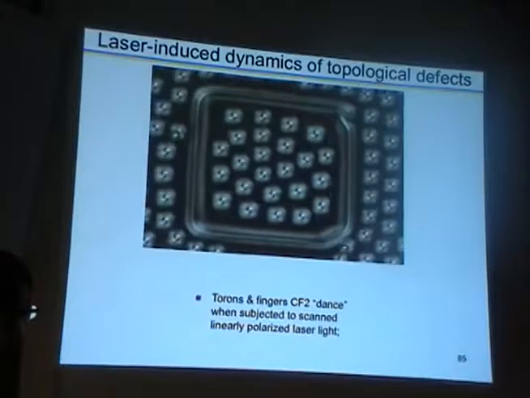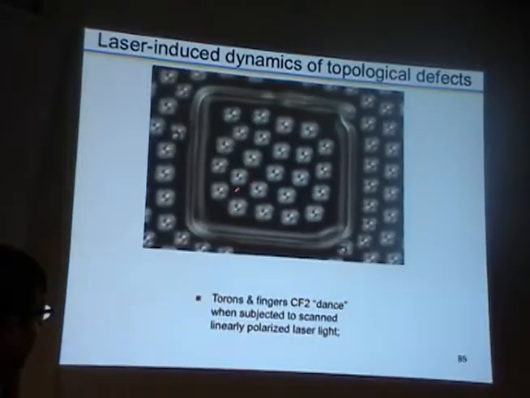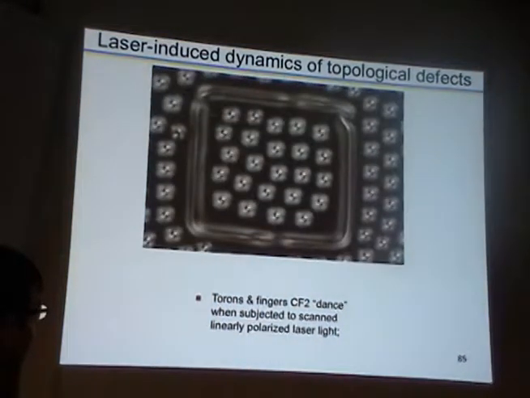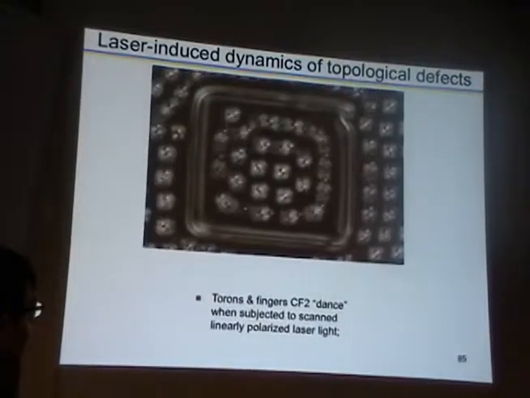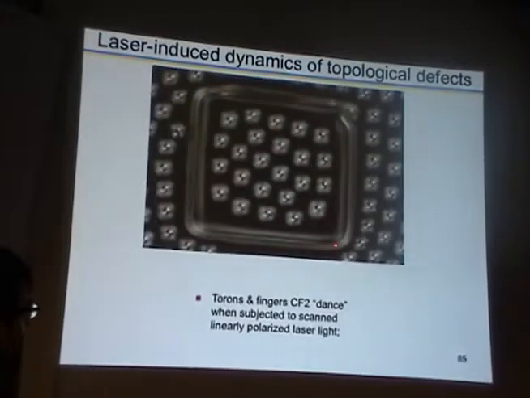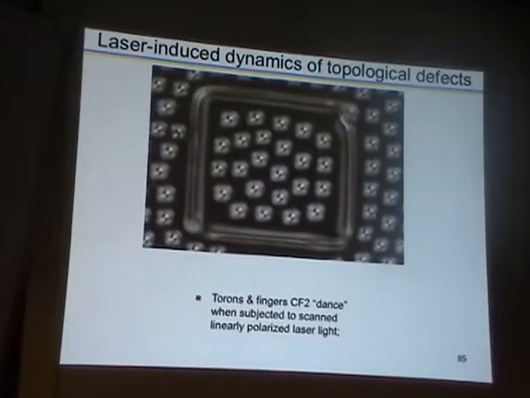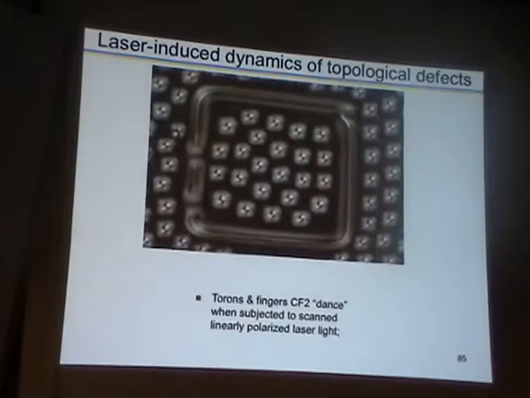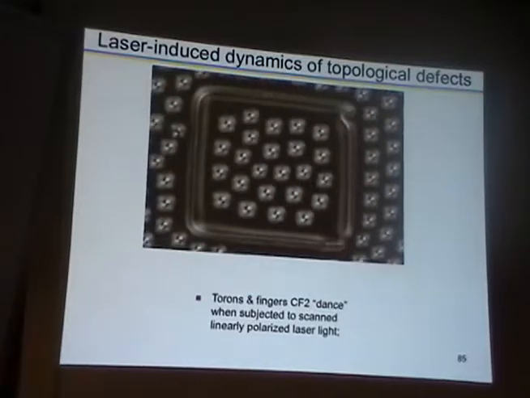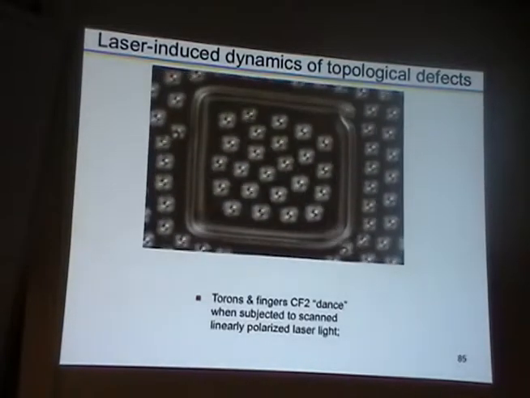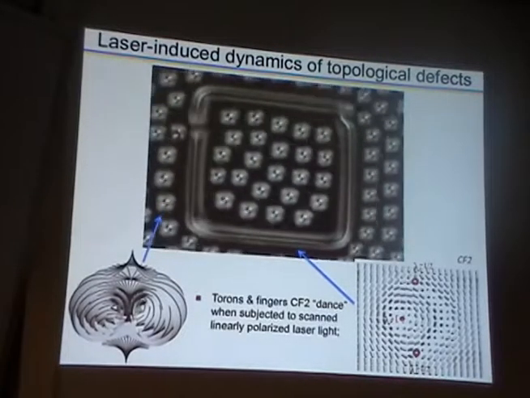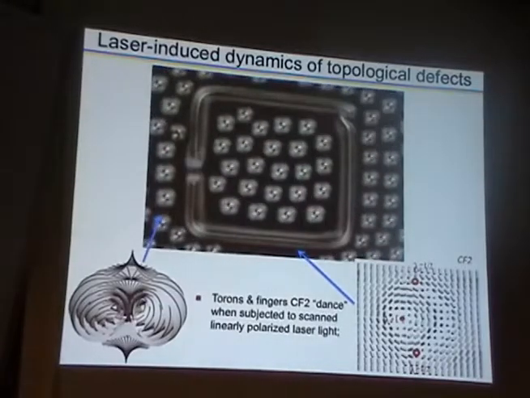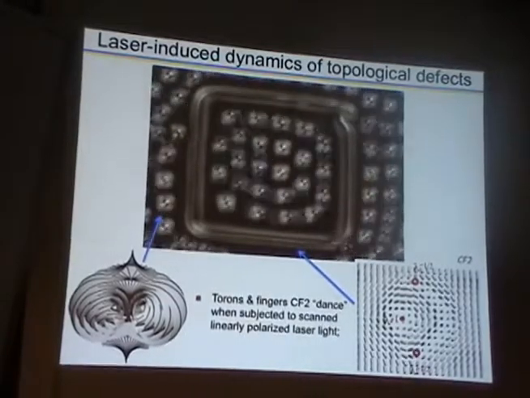Now, you can note from this video that both torons and the cholesteric fingers we have in here can be controlled dynamically too, right? So if we, for example, in this particular case have scanned laser beams, we can control dynamics of such structures.